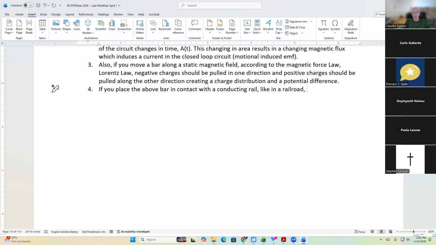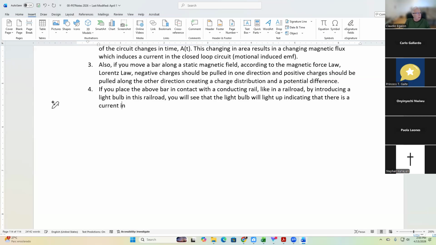By introducing a light bulb in this railroad, you will see that the light bulb will light up, indicating that there is a current in the circuit.